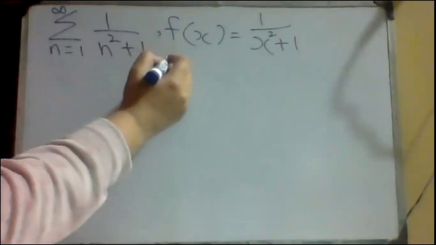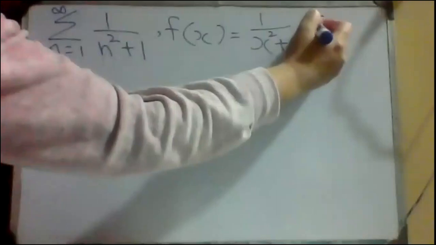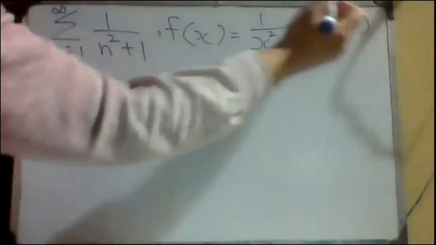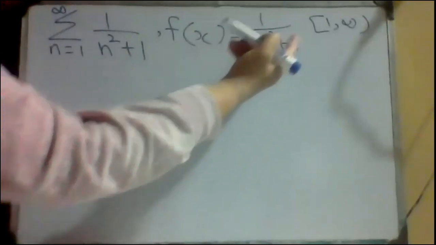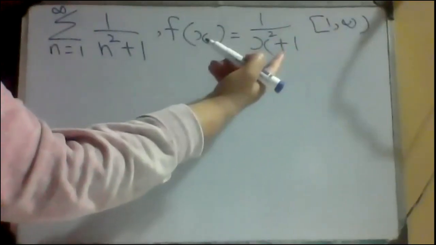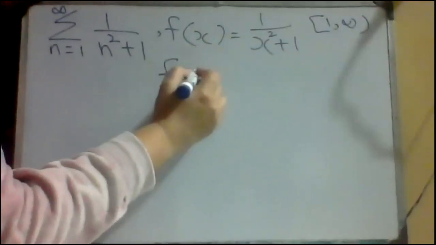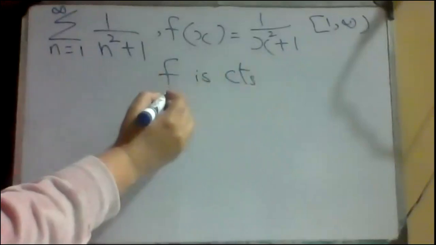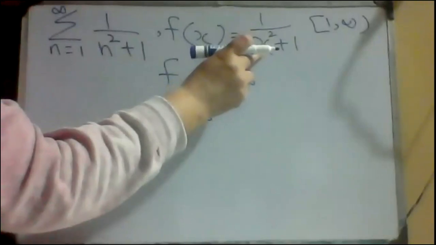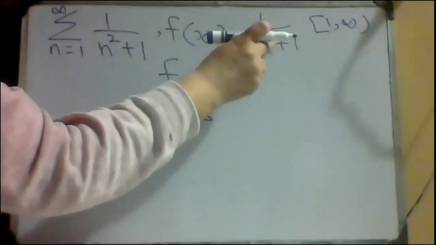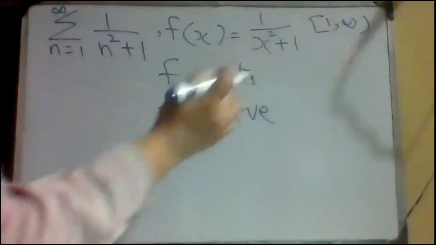Now first I will check the three conditions. The first condition is that f of x should be continuous on the interval 1 to infinity. Now f of x, which is given by this, is continuous on this interval. You can check it easily. Also, f is positive, because x squared plus 1 is positive, and 1 over this is positive, so f is positive on this interval.